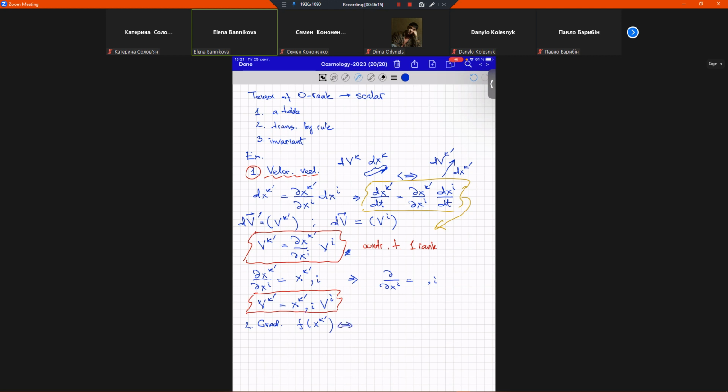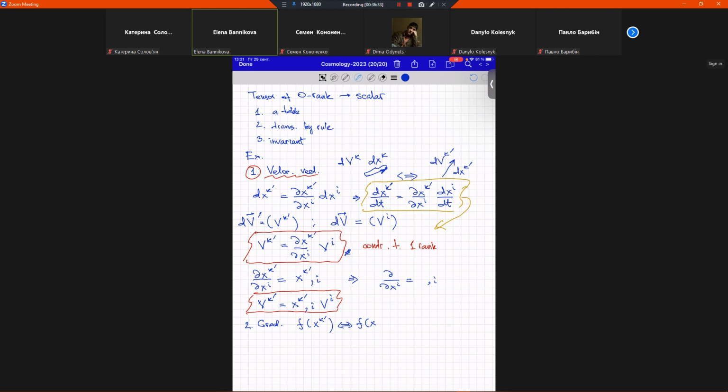We want to see how it transforms in the non-prime coordinate system. I always mix up reference system and coordinate system.